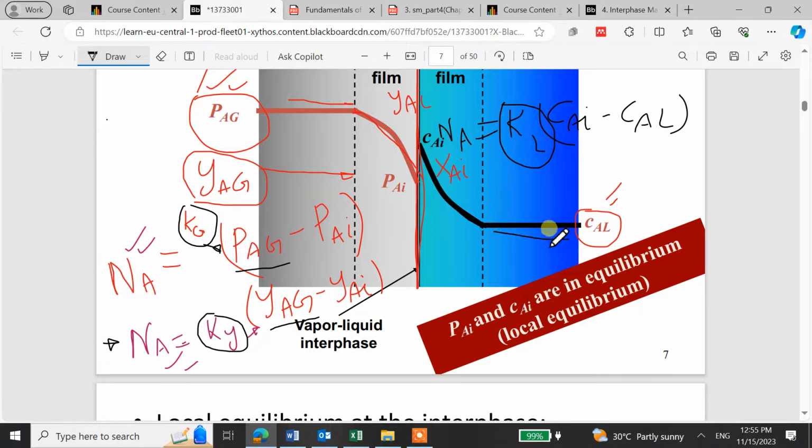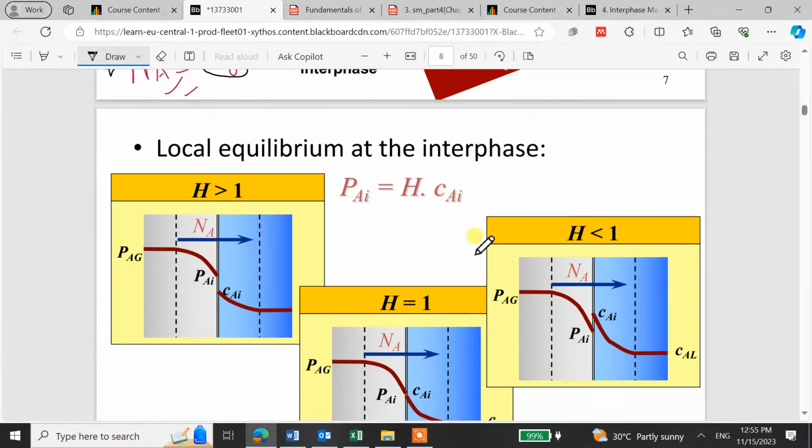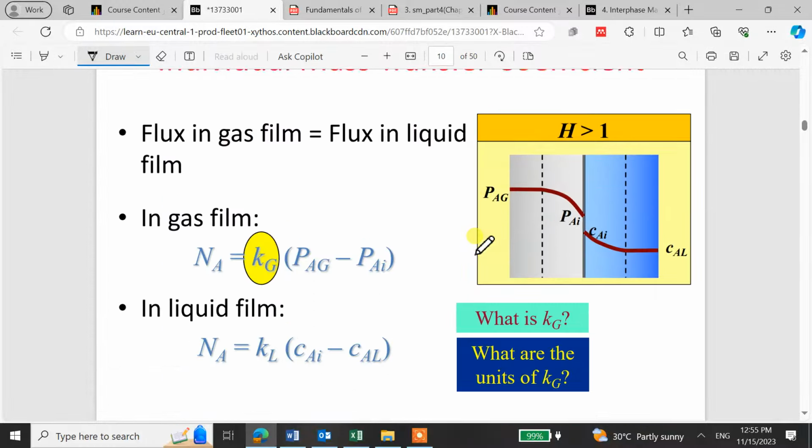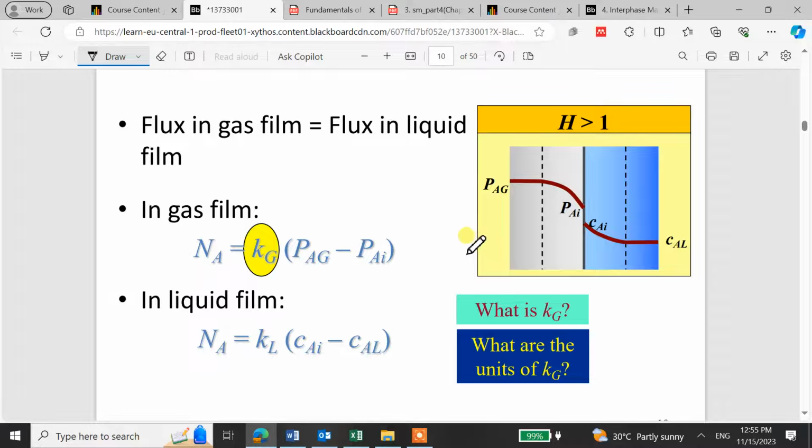After this, we don't have any resistance, so the bulk concentration remains constant. So this is the equation we have: kg times PAG minus PAI, and in liquid we have kl times CAI minus CAL. So this is based on the local mass transfer, based on gas and based on liquid.